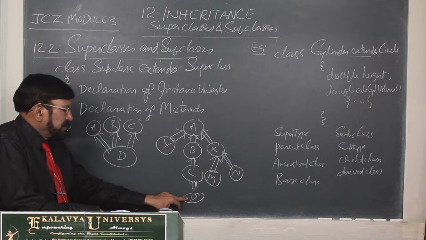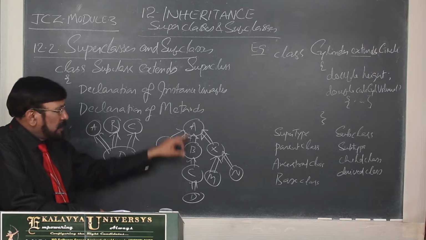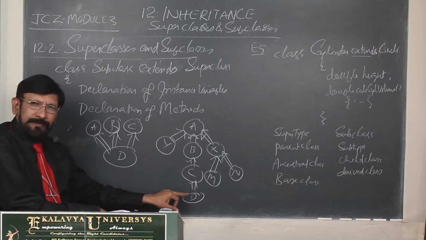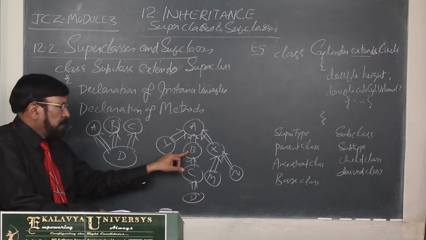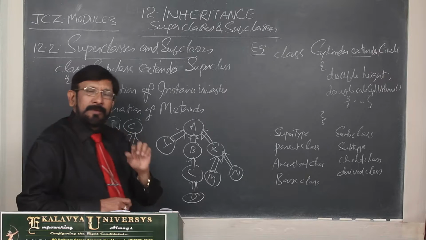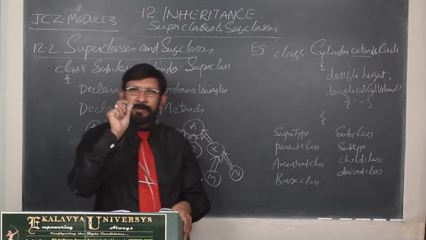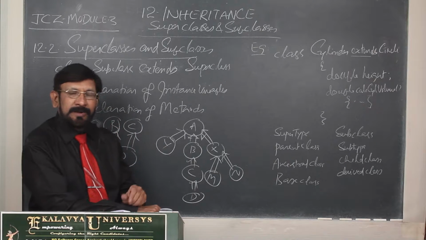Here you see, for D, actually immediate one only, but multiple superclasses are there. For D, C is a superclass, B is a superclass, A is also a superclass. So that's why sometimes if you ignore a word, then it gives a different meaning. That you have to understand.